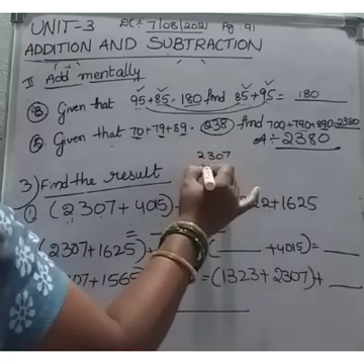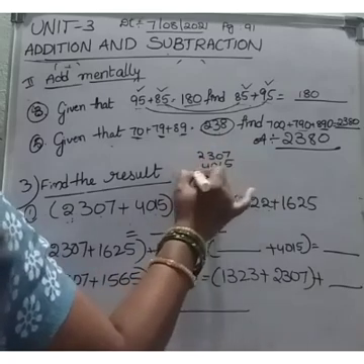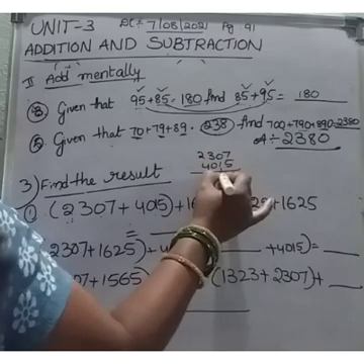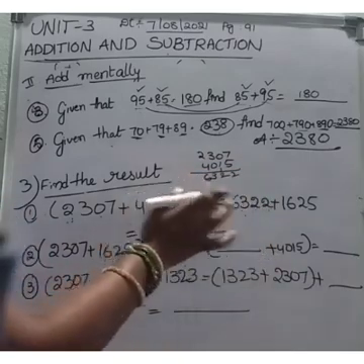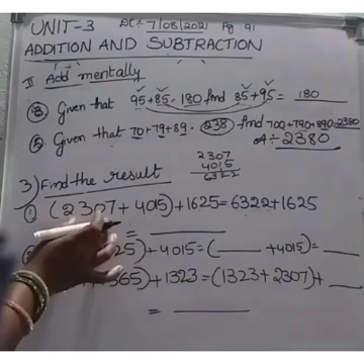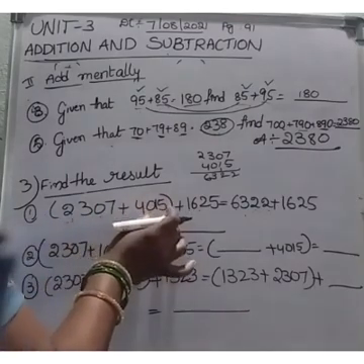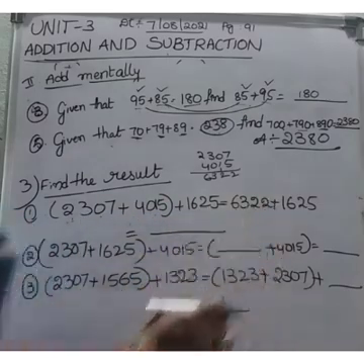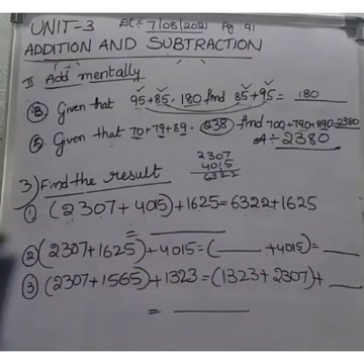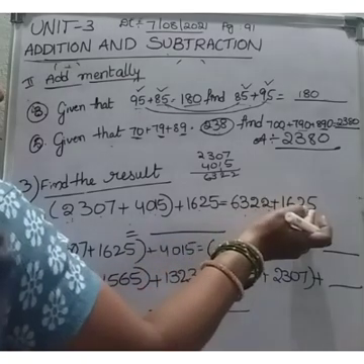Now check it once. 2307 plus 4015. When we add these two numbers we have to get this total, that is 6322. Now here also plus is there, no?